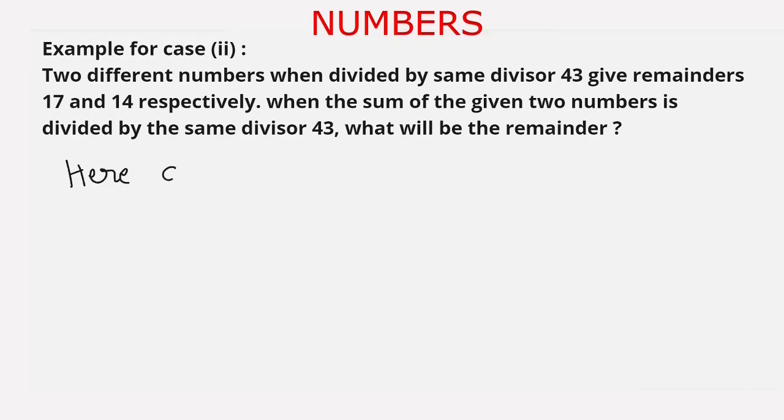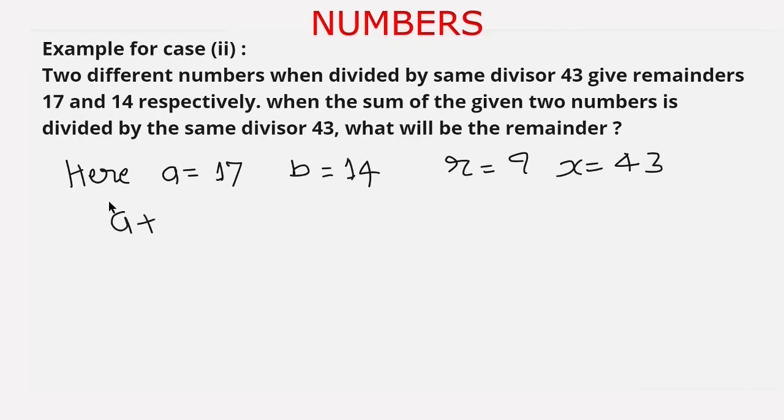Here the first remainder given to us is 17, the second remainder for the second number is 14, and we have to find the value of r, and the divisor given to us is 43.